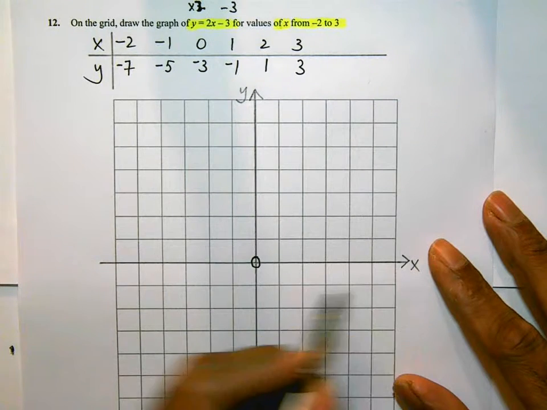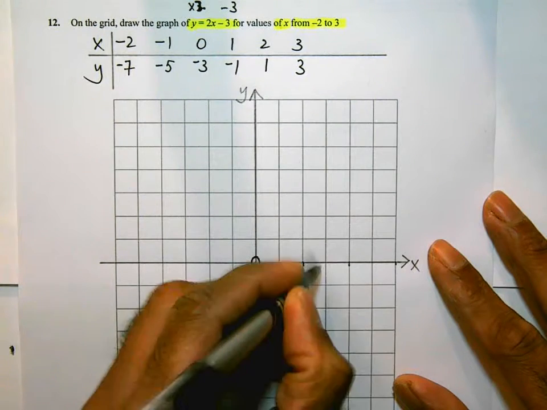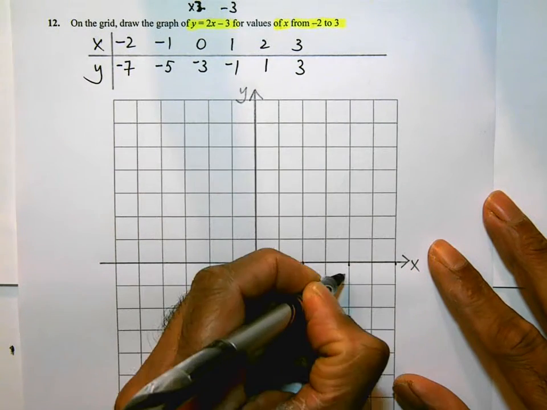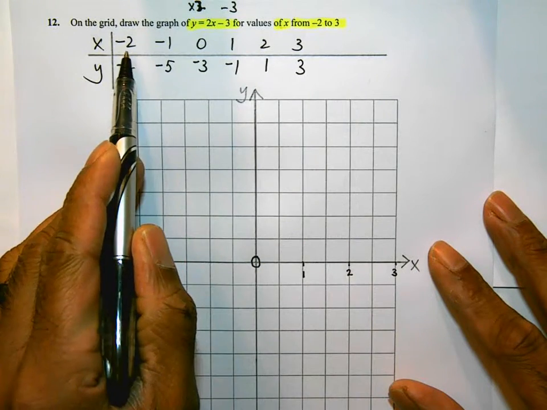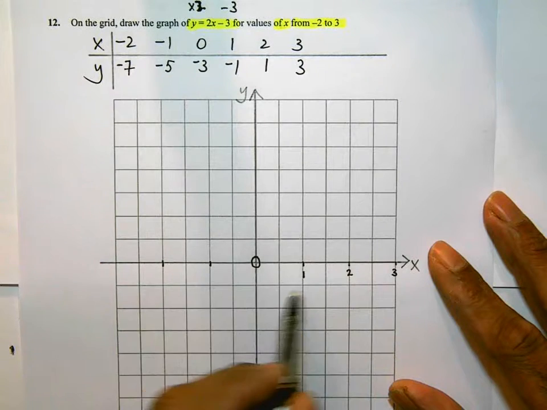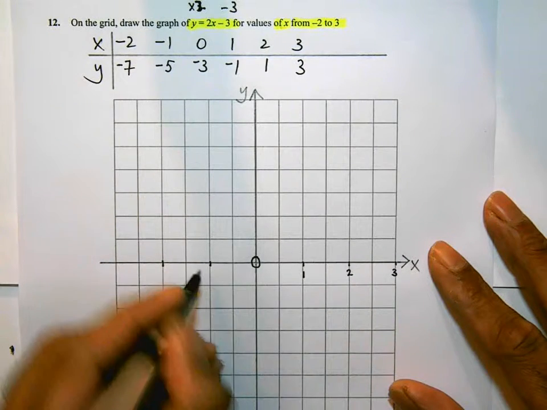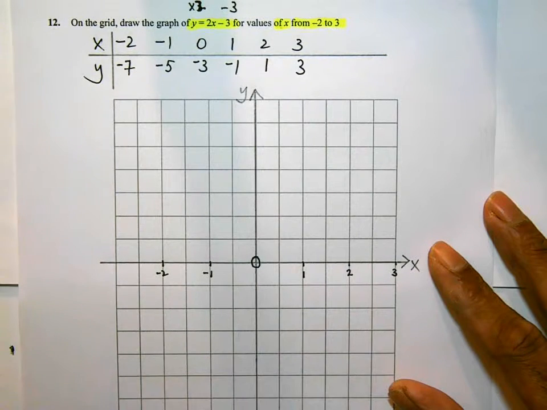So if I use 1, 2, 3, that should work. And do put your markers in. So 1, 2, 3. I need to go to minus 2 on this side. So minus 1, minus 2. So notice I've gone for 2 squares for every unit. And it's an even scale as it goes across.